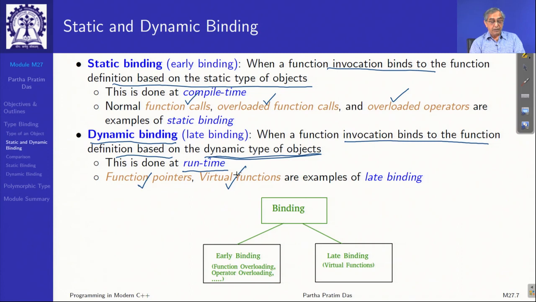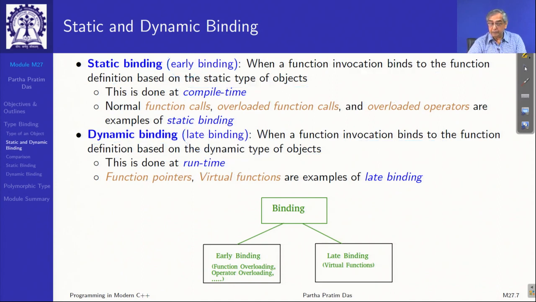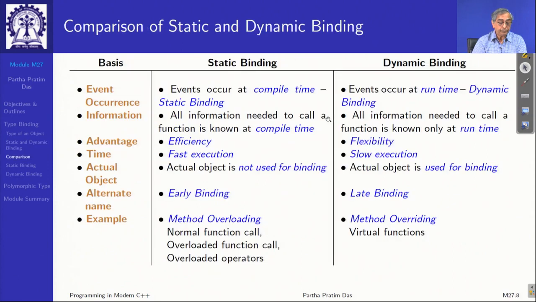Virtual functions are really the dynamic binding mechanism in C++. Since static binding is done in the compiler, it is called early binding. Since dynamic binding happens at runtime, it is called late binding. So, these are the basic binding notions.